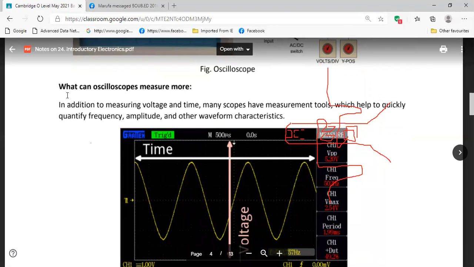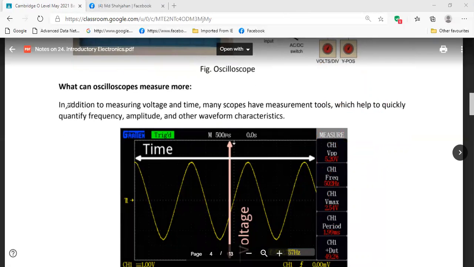What can oscilloscope measure? You write this heading. Yes, sir. Ready. What can oscilloscope measure? You can write this. Other than measuring voltage at time, many scopes have measurement tools which help to quickly quantify frequency, amplitude, and other waveform characteristics.